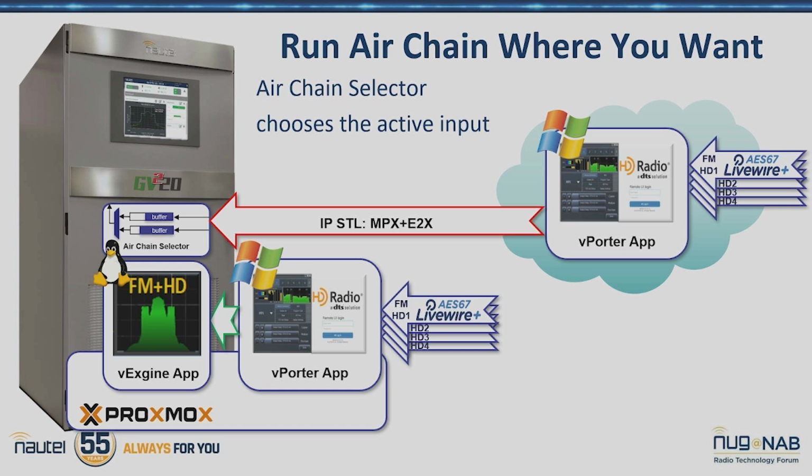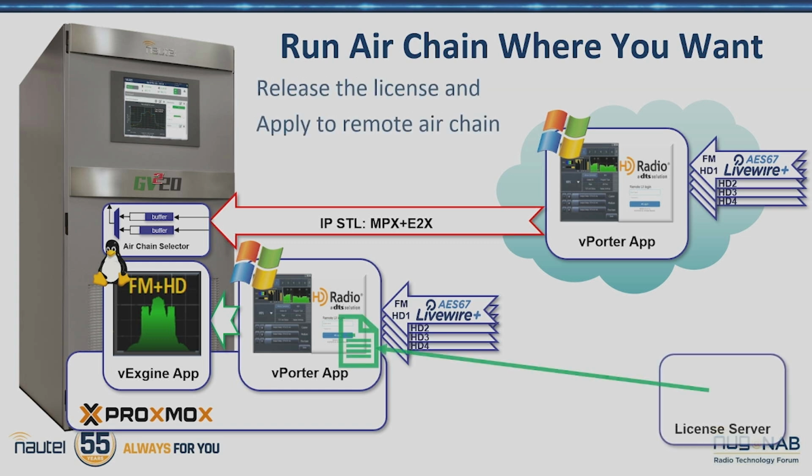Now in this case, the internal one is still licensed, so the first thing you would have to do is release the license back to the license server and then deploy it there. There's always some hiccups with licensing, but there, it's moved in the right spot now. And in that case, you can run that air chain live.